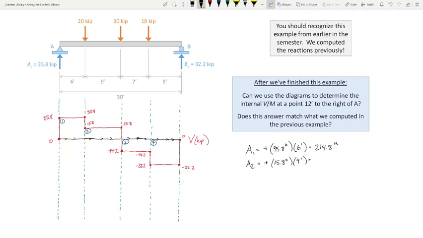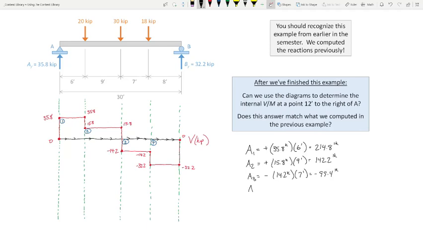What is 15.8 times 9? 142.2 foot kips. Now for the third one, I'm going to call that negative because it's below the axis, so we'll call it 14.2 kips times 7 feet. What is 14.2 times 7? 99.4 foot kips.